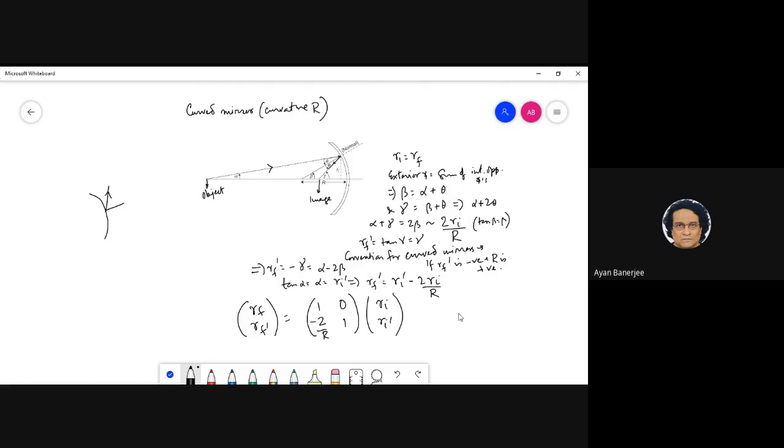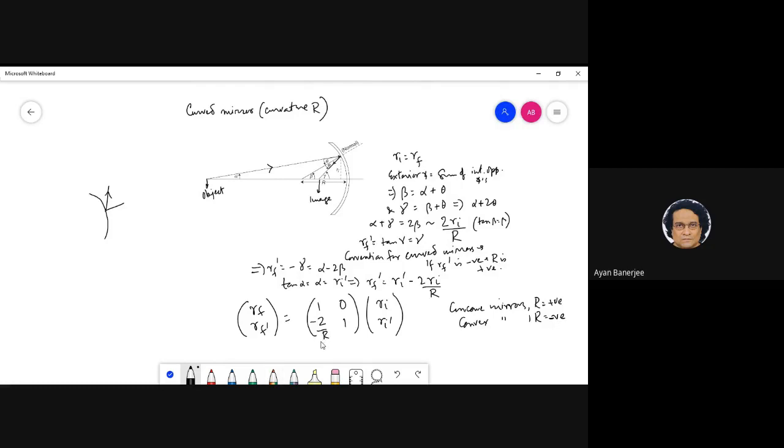So as I said, for concave mirrors R is positive and for convex mirrors R is negative.